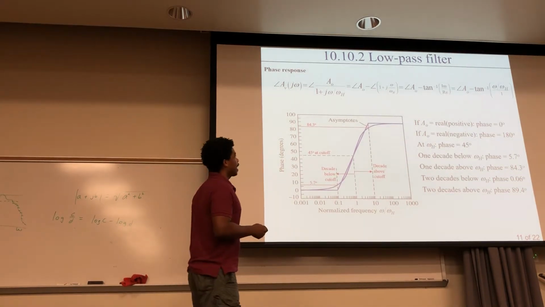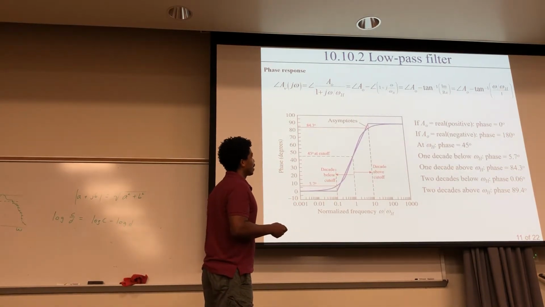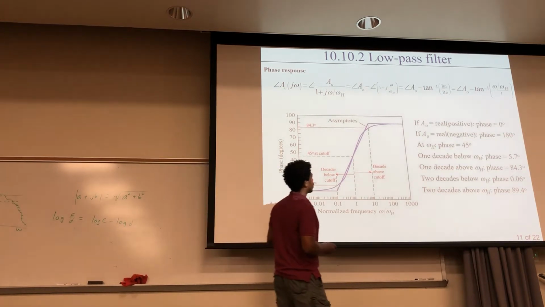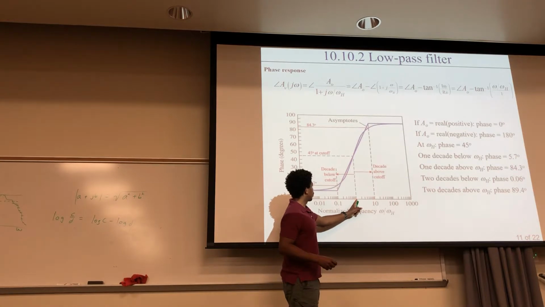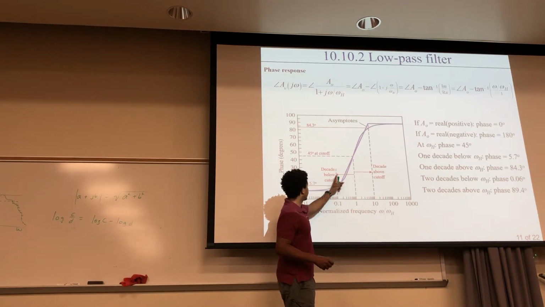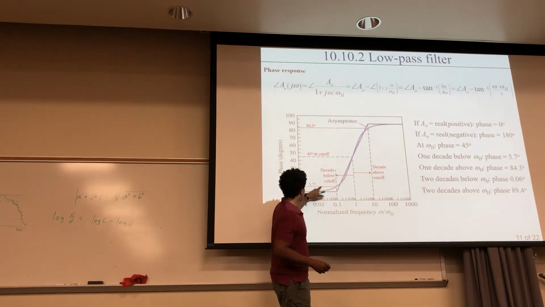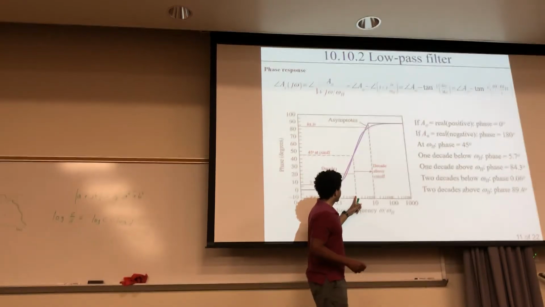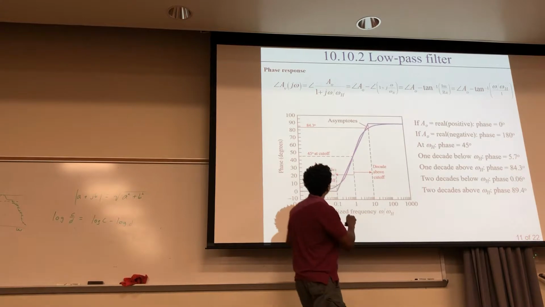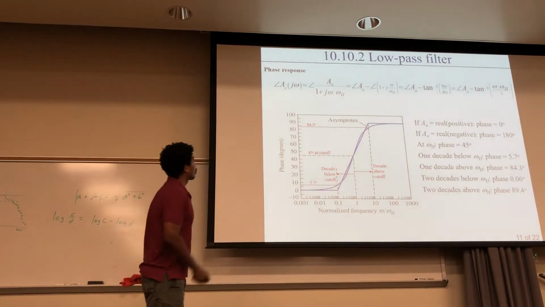So 1 decade below the cutoff, the phase gets closer and closer to 0, right? So here's the phase, 1 decade below it, you're right here. That's the cutoff, and it's like 5.7. And 1 decade above it, you're up here, and that's like 84.3.